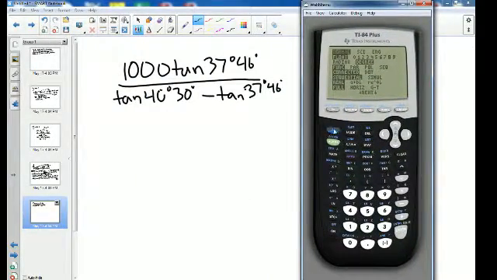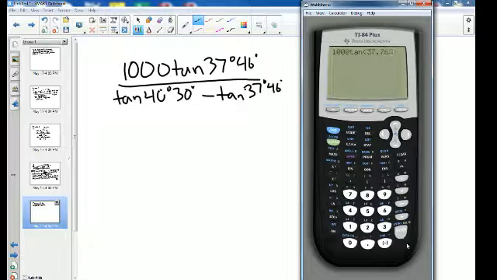Okay, so 1,000 tan 37 point, because this is a minute, so it'll be 46 over 60, which comes out to 0.76.